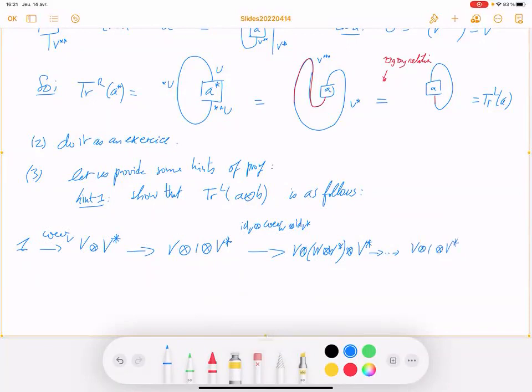Here you will write... from here to here, you get the left trace of B. So you put everything in the middle.